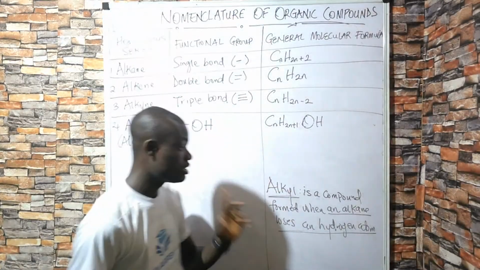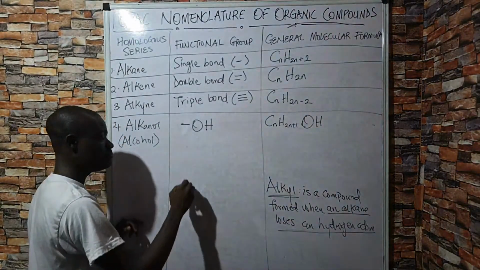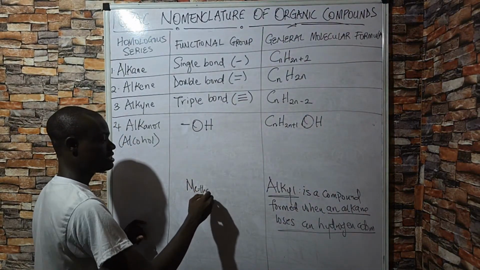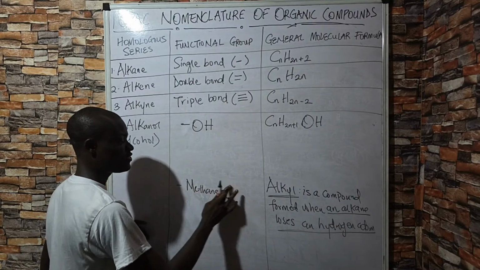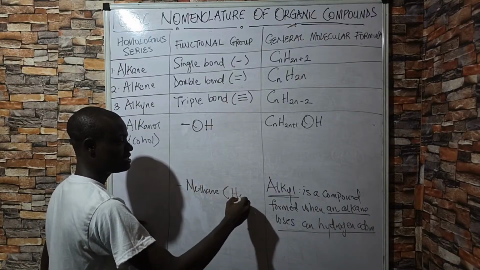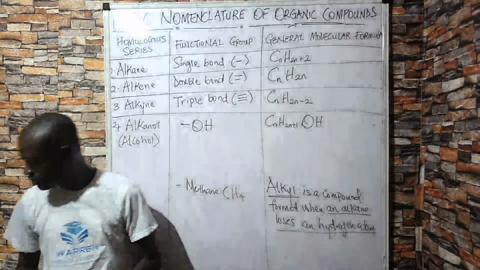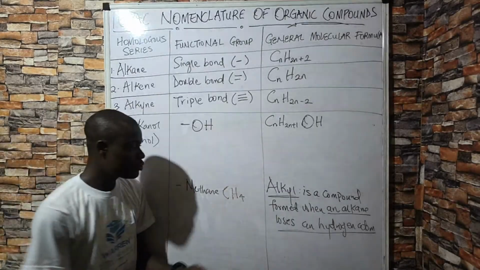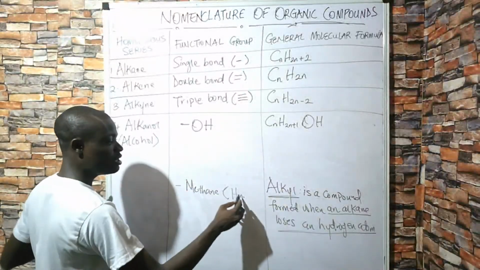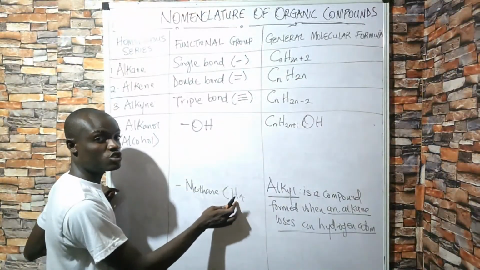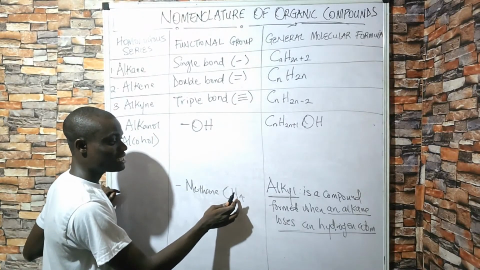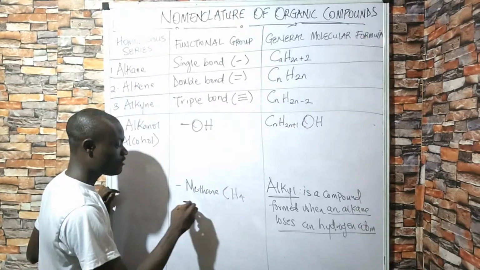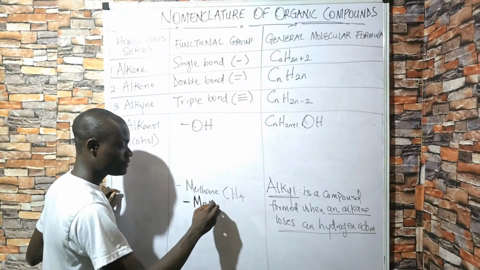Now let me show you something. A good example of an alkane is methane. And methane is CH4. So when this methane loses one hydrogen, it means that we are going to remove one hydrogen from this H. So we are going to have what we call a methyl.